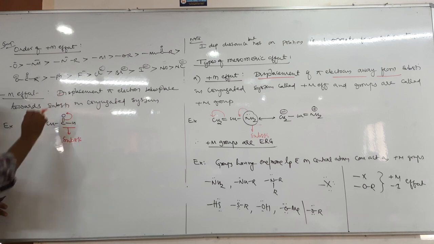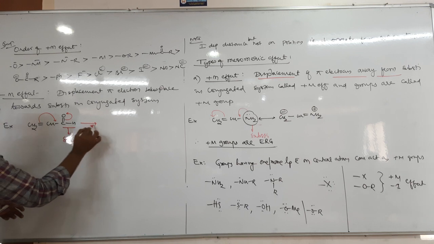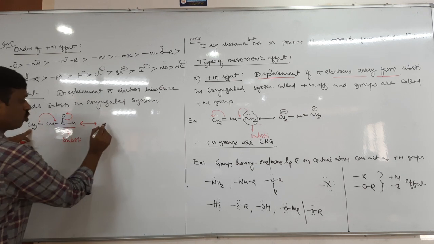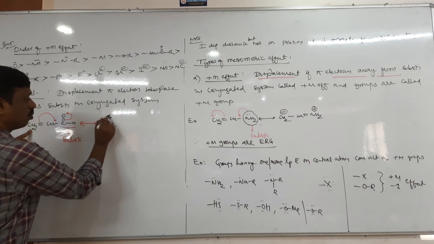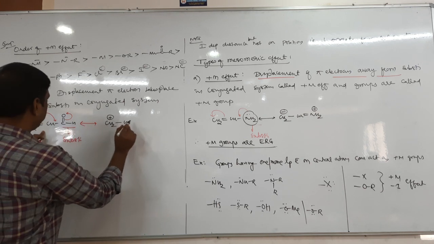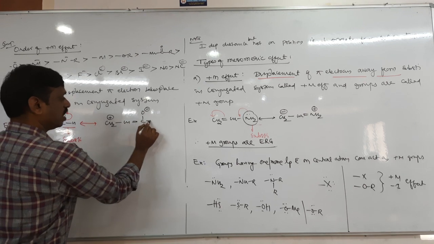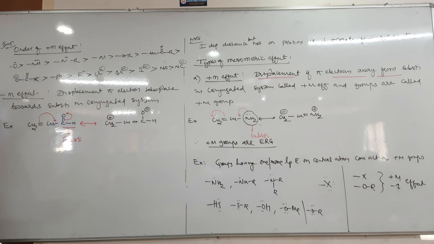Therefore the pi electron shifts onto oxygen. At the same time this pi bond shifts here. So CH2 gets a positive charge because it is losing its pi bond, then CH has a double bond, and O becomes O minus. So there is a displacement of pi electron towards the substituent in a conjugated system.